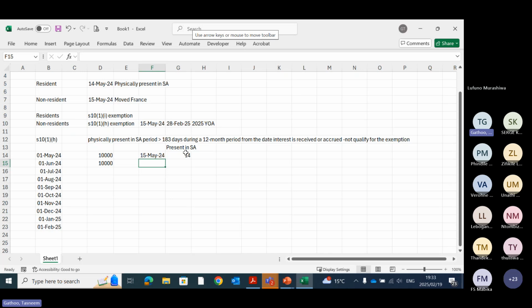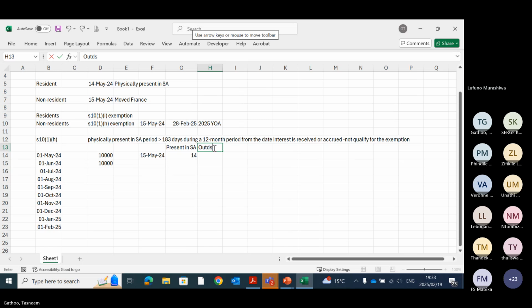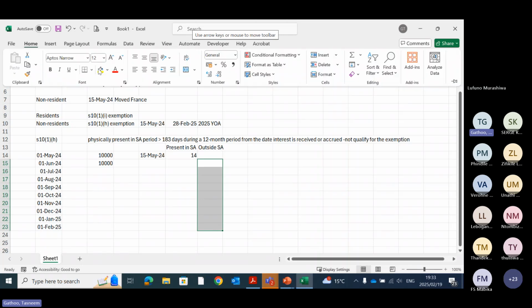Then she was outside of SA for the remainder of the month, and then after this, she was outside of SA for the full months.